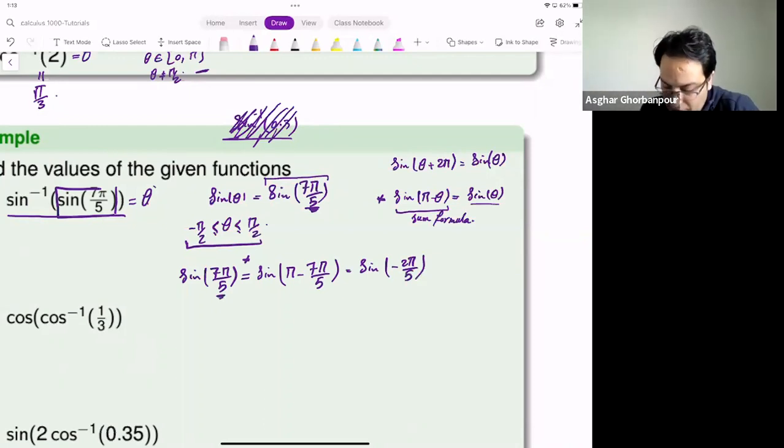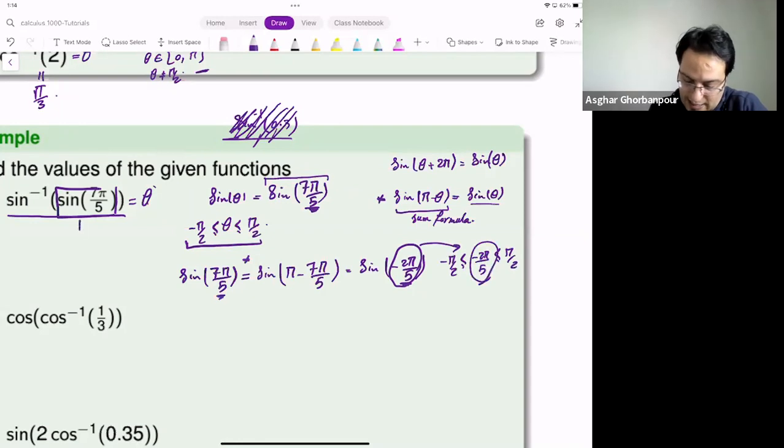So I have two different values of angle which give you the same sine. They have the same trig function sine value. But this guy here is an angle between negative pi over 2 and pi over 2. So this is my theta. So the theta here is negative pi over 5... negative 2 pi over 5.